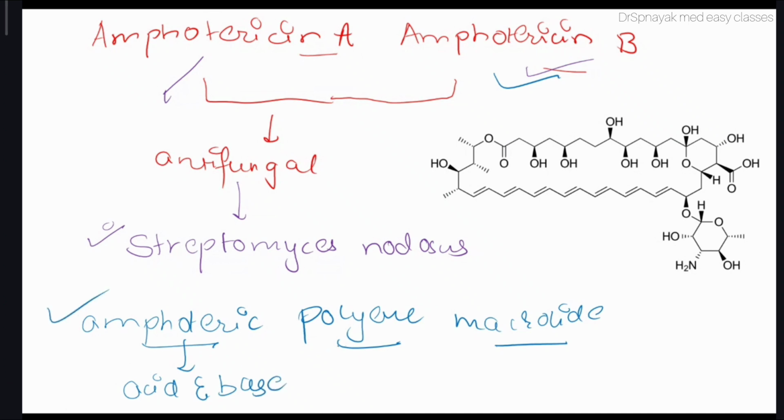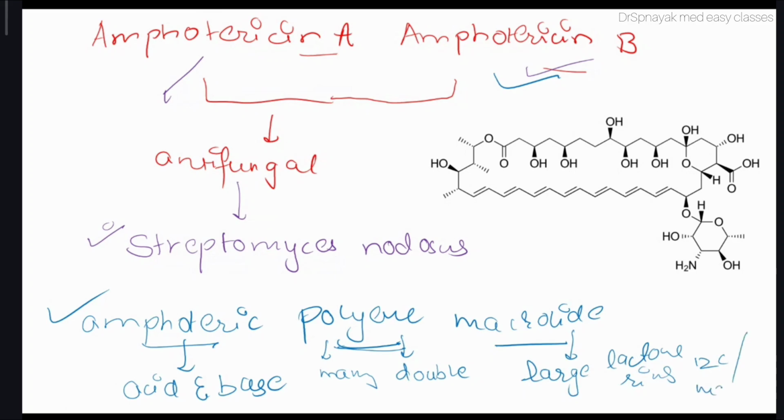Okay. Polyene means many double bonds: poly means many, ene means double bonds. So amphotericin has a lot of double bonds, and it is a macrolide. Macrolide means it contains a large lactone ring of 12 carbon atoms or more.